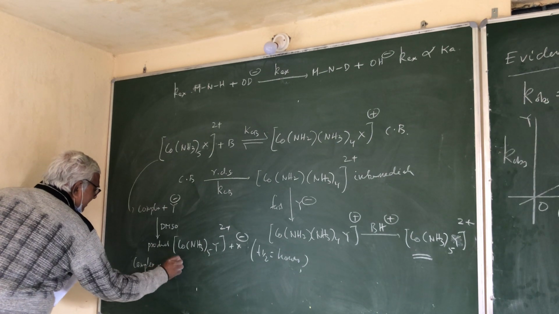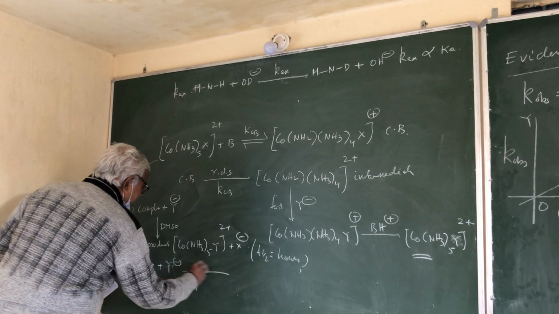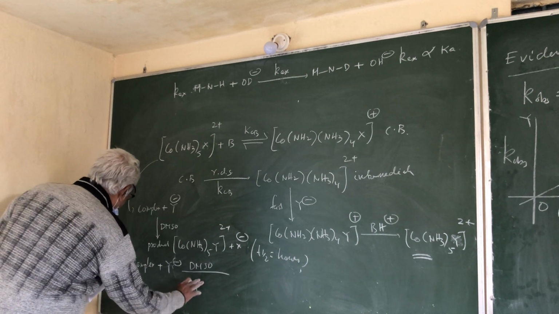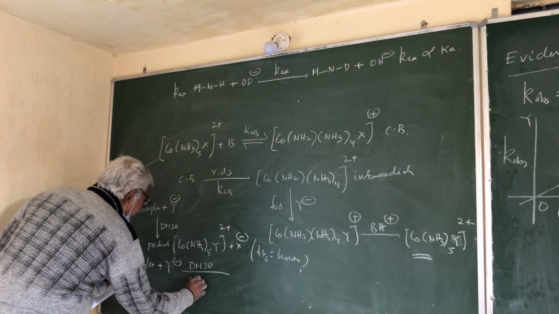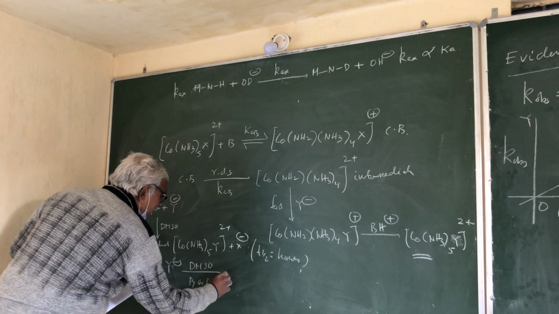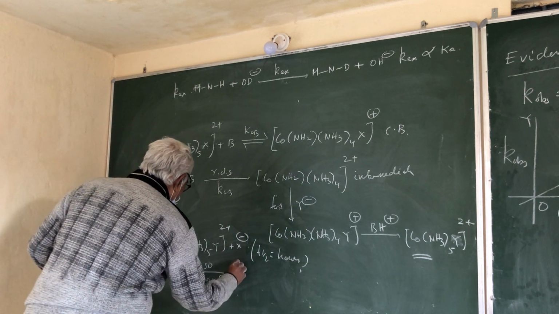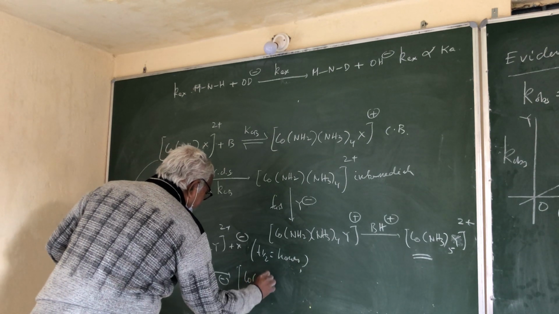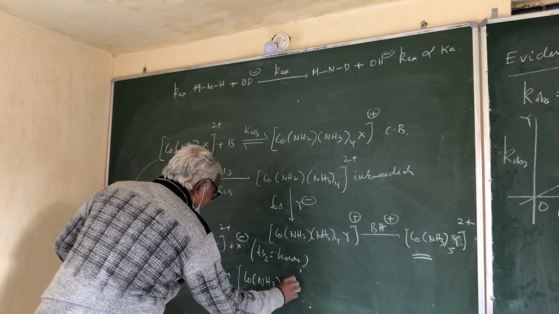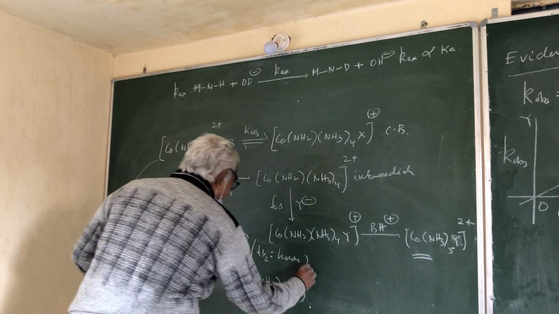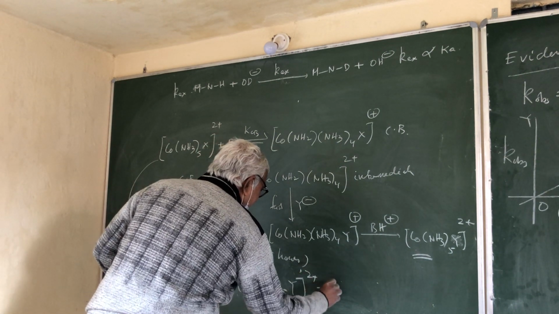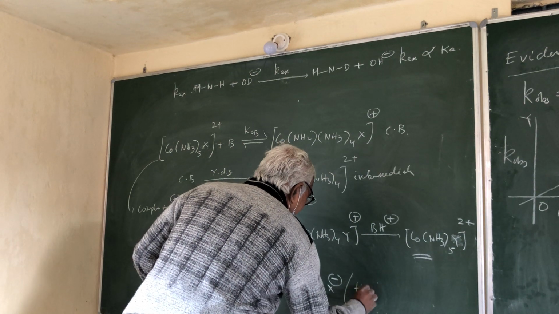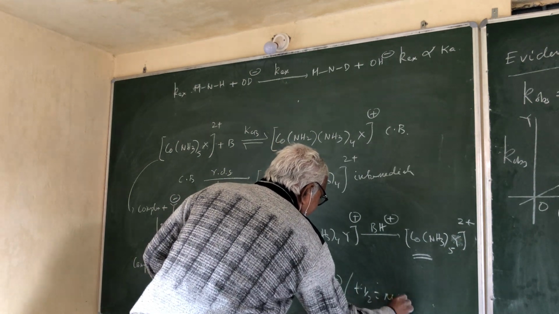Complex plus Y minus in DMSO, pyridine or hydroxide, T half is in minutes.